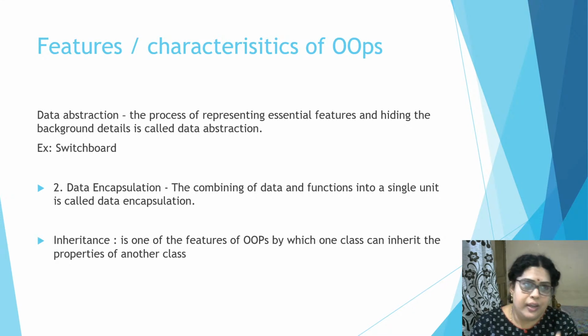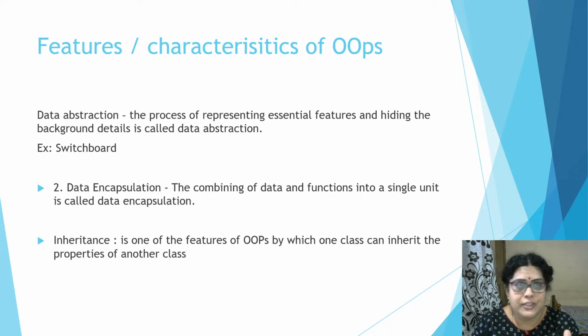The second important feature is data encapsulation. What is data encapsulation? The combining of data and functions into a single unit is known as data encapsulation. You can imagine a capsule, like your medicine capsule. It has got medicines in it, but here medicines are not there.